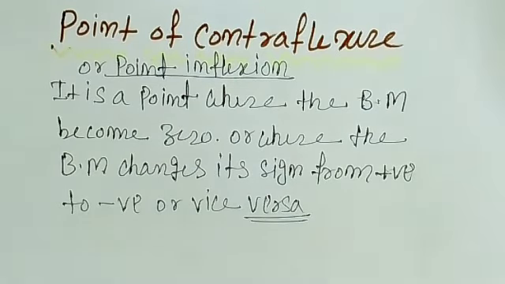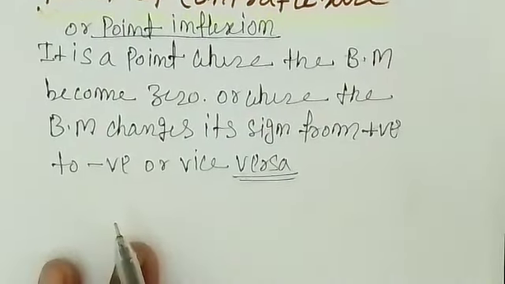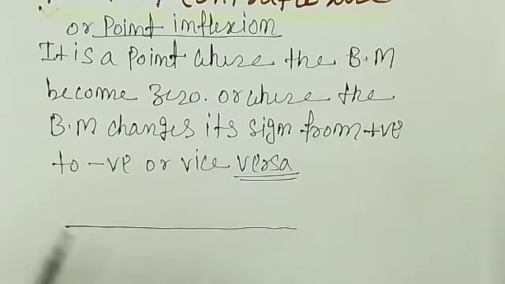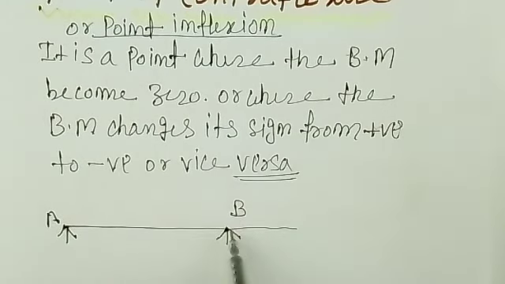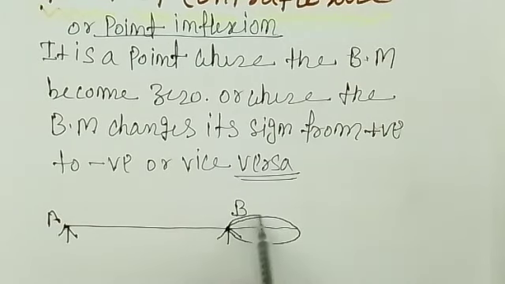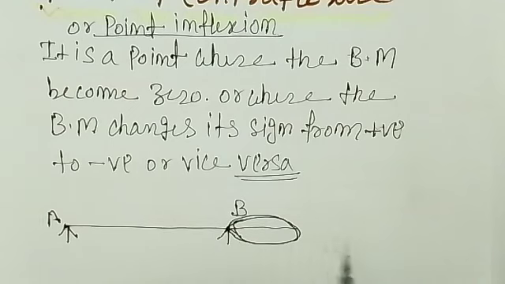So what is an overhanging beam? If you remember, an overhanging beam is a beam which extends beyond the support. Let's say you have two supports, this support is A and this support is B. Beyond the support this portion is extended, and that portion we call an overhanging portion.